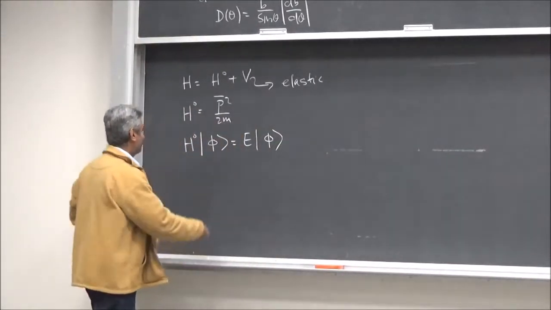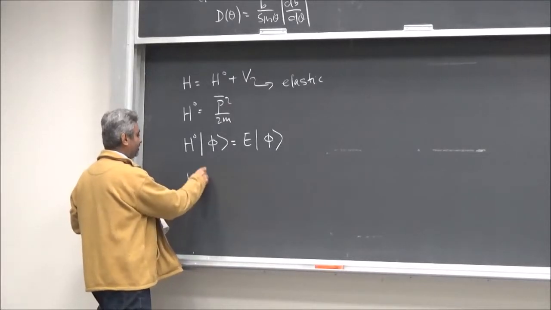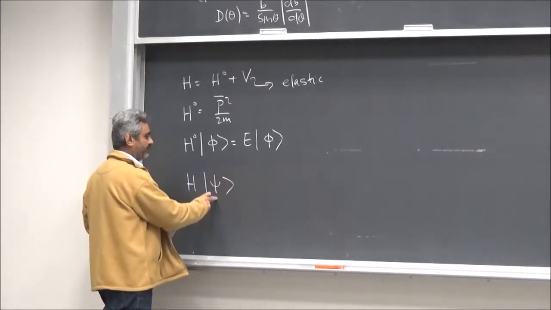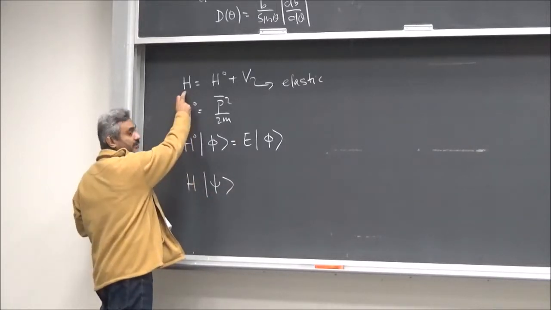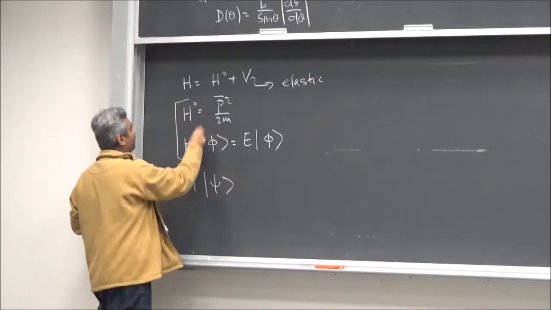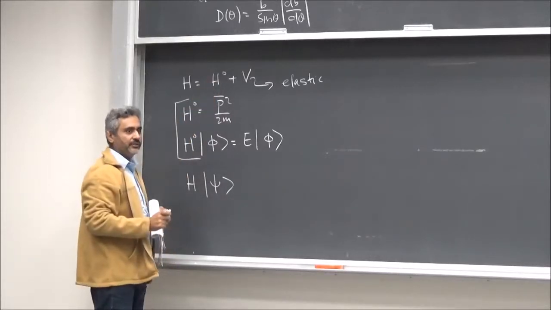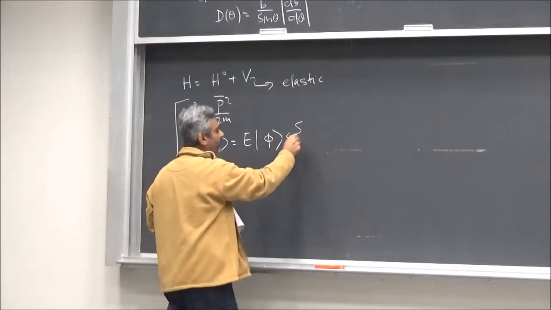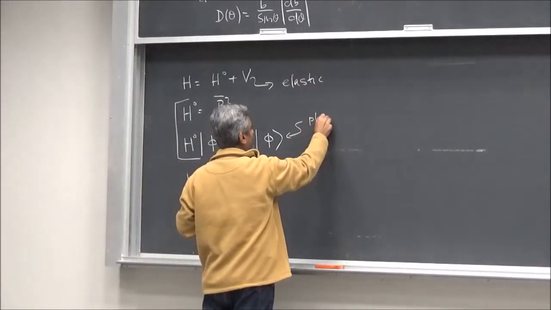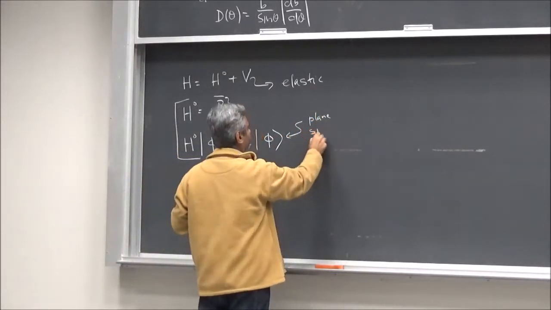So you guys have to pay attention and become quantum mechanical. What it says is that the state that we're trying to find, these are the eigenstates of H. By the way, these could be either plane waves or spherical waves.